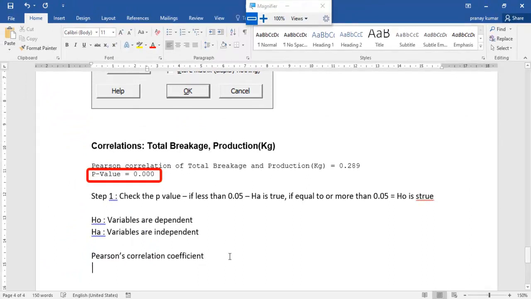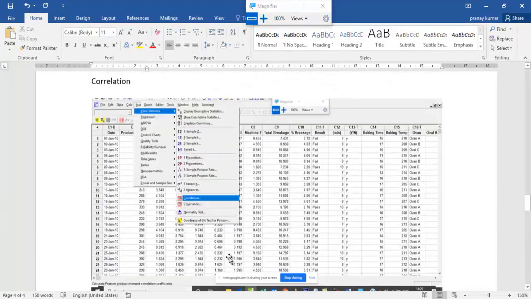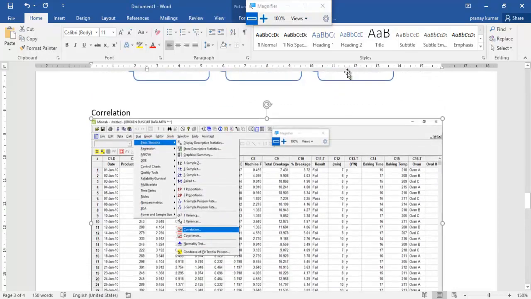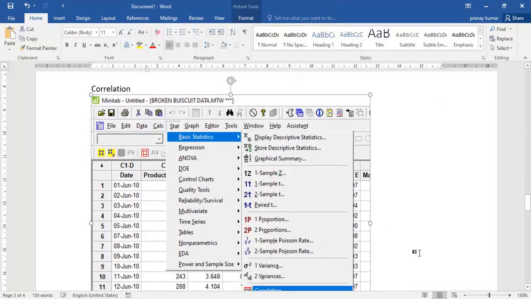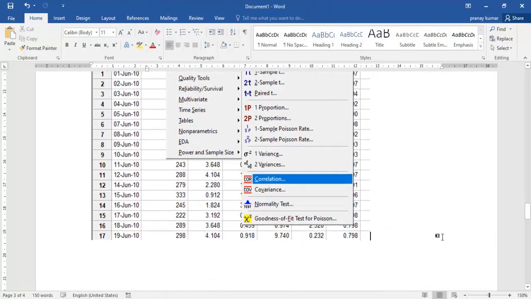Yes, sir. Sarvesh, we are good with this? And what is the path that we took? We went to stats. Sarvesh, try it once.